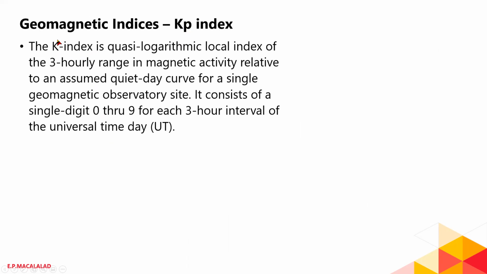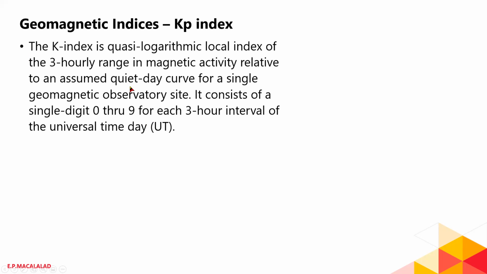K index is a station-specific index. Different stations will have different K indices depending on the current status of the magnetic field in their location. But KP index summarizes them all.